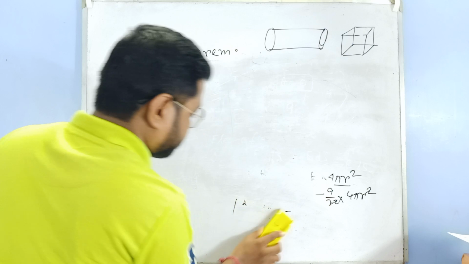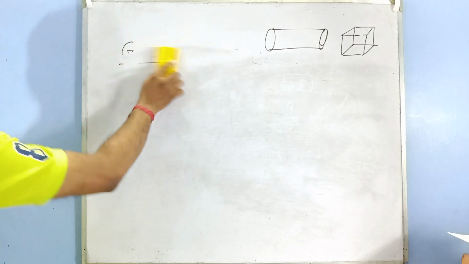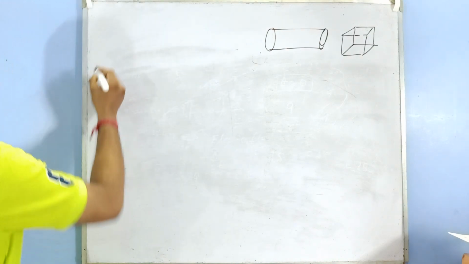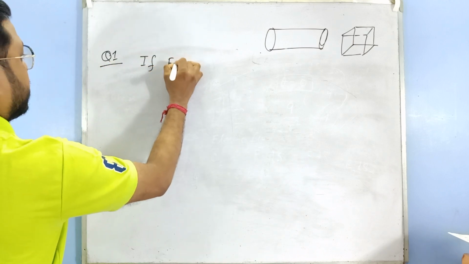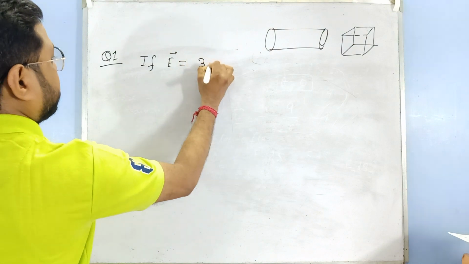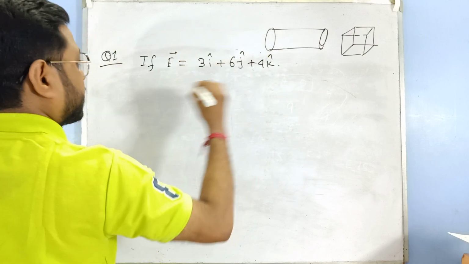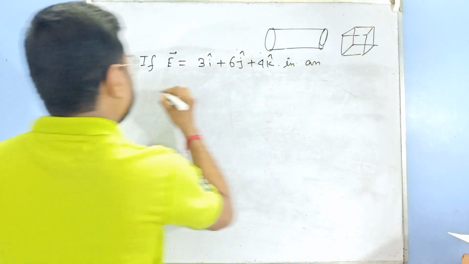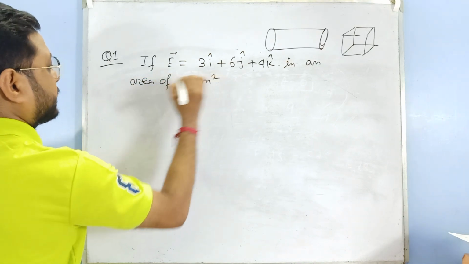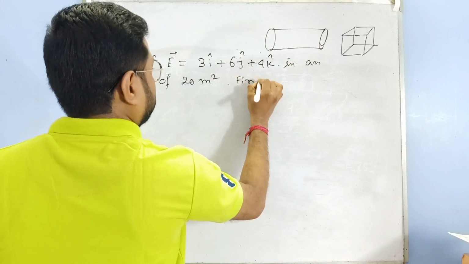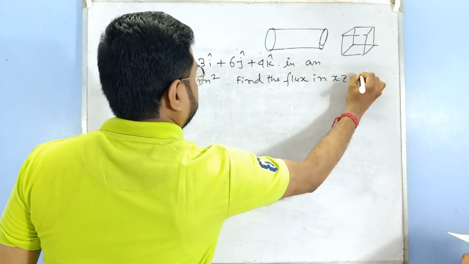Now we go with numericals. Question number 1. If the electric field is given by 3i cap plus 6j cap plus 4k cap in an area of 20 meter square, then find the flux in the YZ plane.